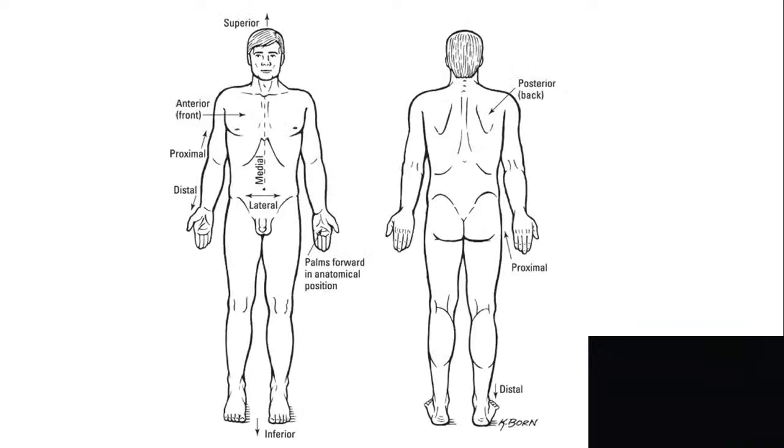A case in point is this diagram, where we may have one looking at the front, and the other looking at the back. So it is very important to appreciate the meaning of anterior, meaning front, and posterior, meaning the back.